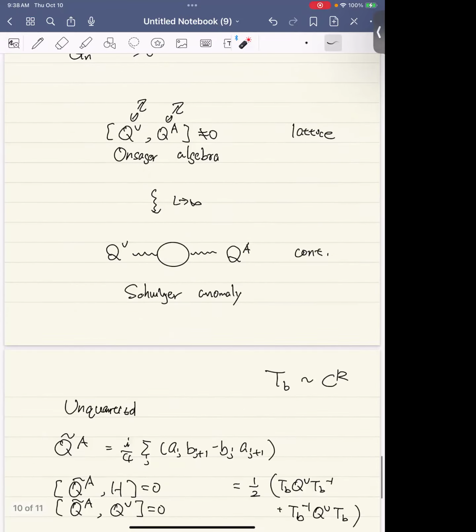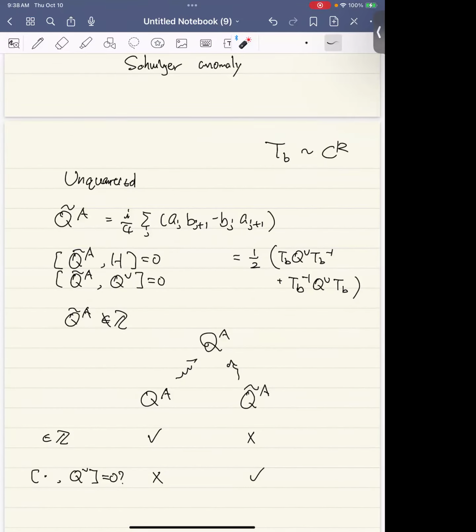The two minimal choices are to conjugate by T_B versus T_B inverse. This one is quantized, this one is quantized, but they don't commute with the vector charge. But if you take the average, then they do commute.